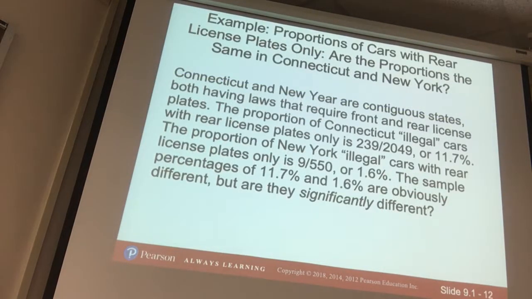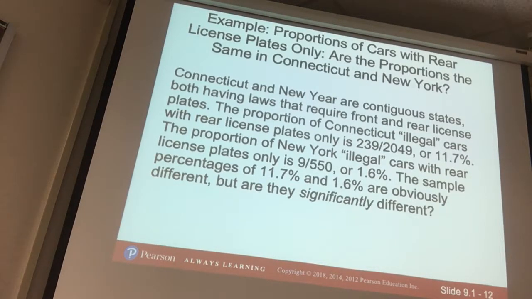Okay, so Connecticut and New York, I think, is supposed to be there instead of New Year. New York are contiguous states, both having laws that require front and rear license plates. The proportion of Connecticut illegal cars with rear license plates only is 239 divided by 2,049, or 11.7%.